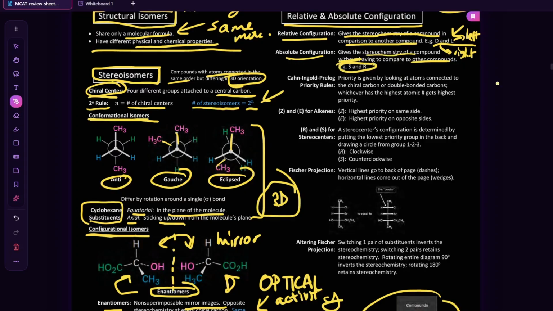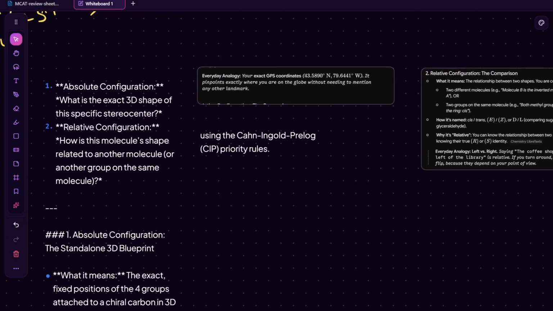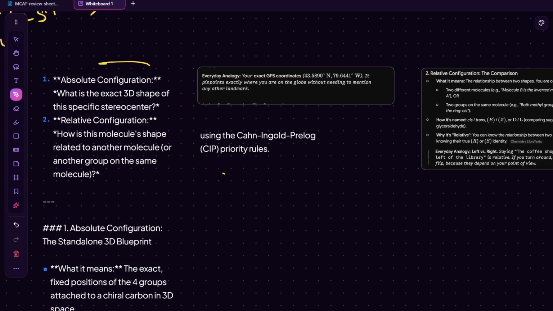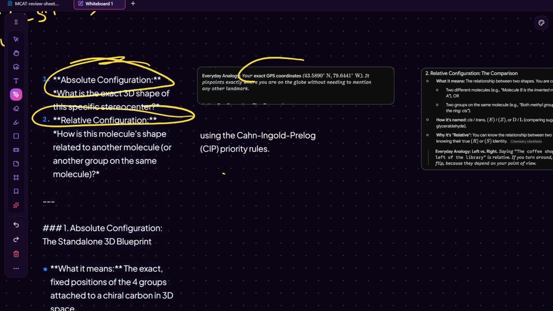So S and R. I'm going to explain this better. One second, let's do an image. I want to give more clear definitions of absolute configuration and relative configuration. Absolute configuration is like an analogy of your exact GPS coordinates of the molecule.